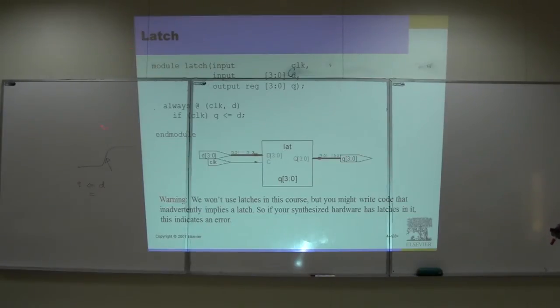But for the flip-flop, clock being high is not enough. Clock must go from low to high, and at the time when it goes from low to high, D will go to the output Q.